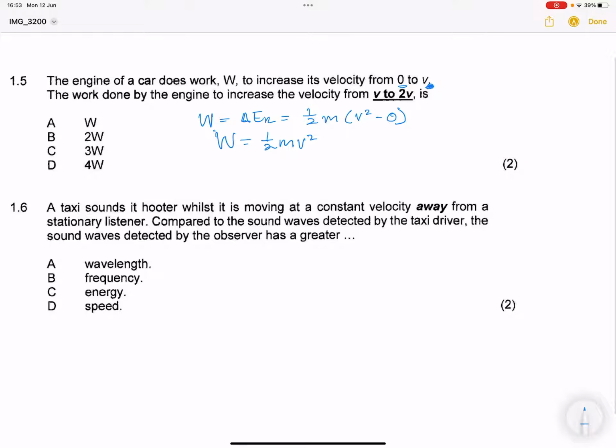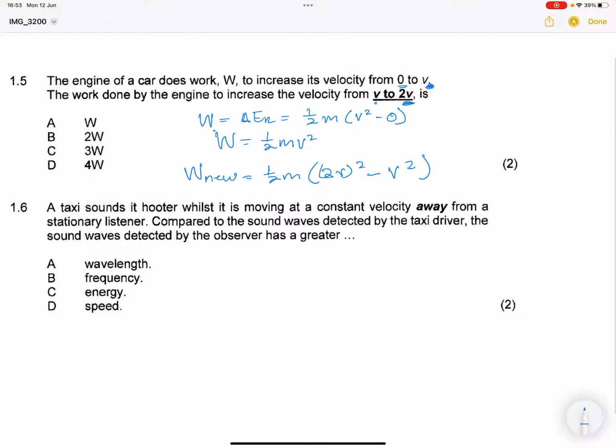Right, now they say the work done by the engine to increase the velocity from v to 2v. Now I want you to note in this case, so it means we need to get the new work done, let's call it work done new. In this case, this is going to be half m, the final velocity is 2v, so that would be (2v) squared minus, in this case, v squared.